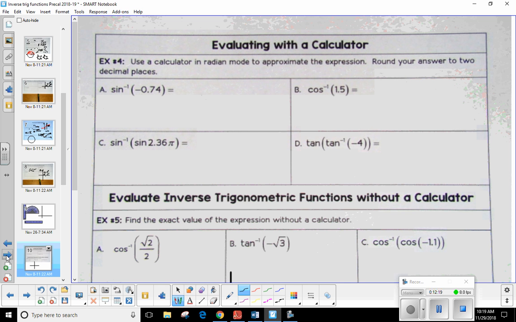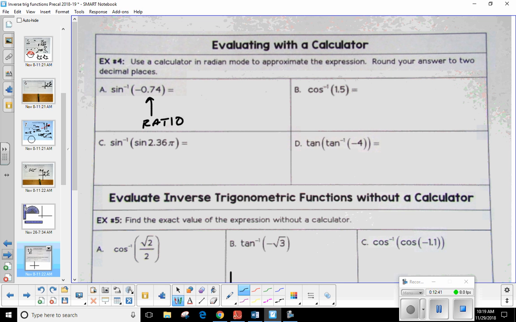Okay. Now I want to go ahead and just bring up some other ideas. When you're trying to evaluate cosine inverse or sine inverse, whatever you plug in, remember that's a ratio. So whatever triangle I happen to be talking about, sine is always opposite over the hypotenuse. So whatever the length of the opposite is over the hypotenuse, it should be giving me this negative 0.74. Okay.